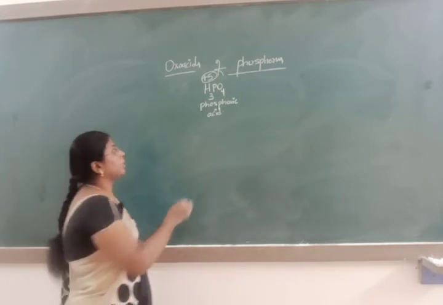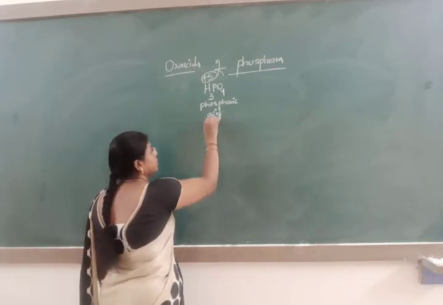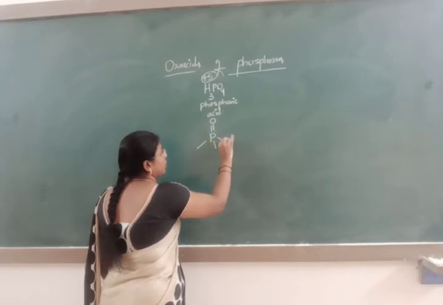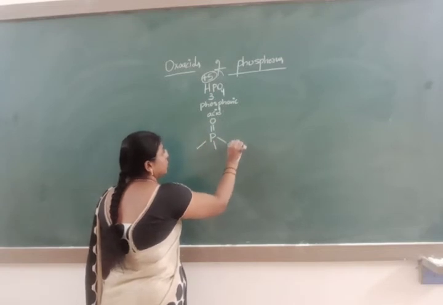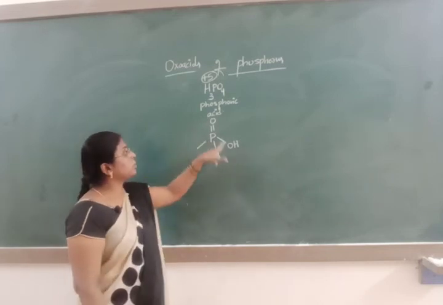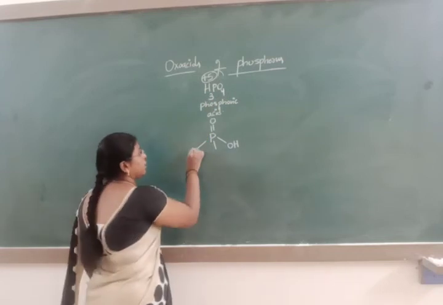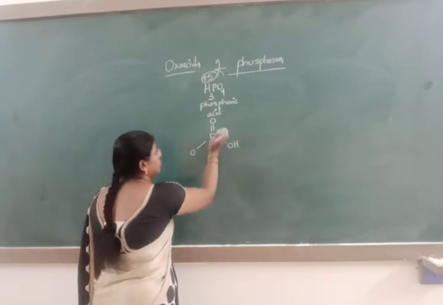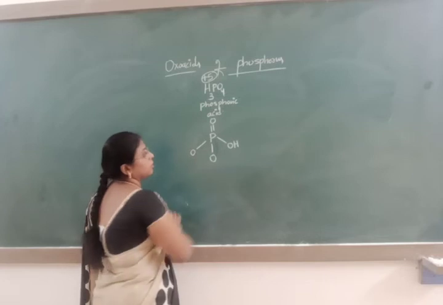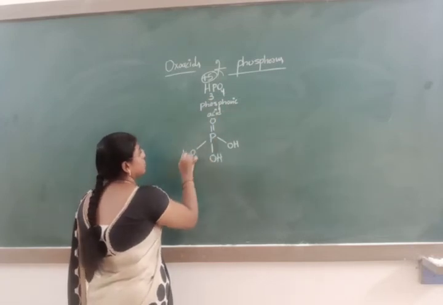Phosphoric acid, I can write the structure. One phosphorus will be there with a double bond oxygen and one will always be POH. Then the remaining two oxygens we have used. Remaining is how many here? 2. I can write here 2 oxygens, and out of 3 only one is used, OH.